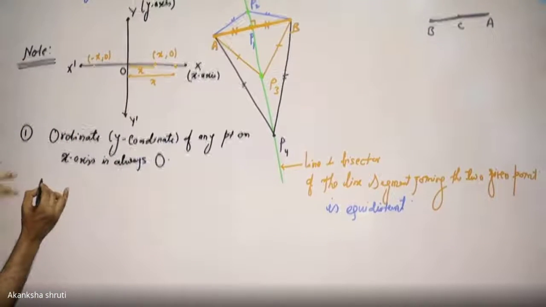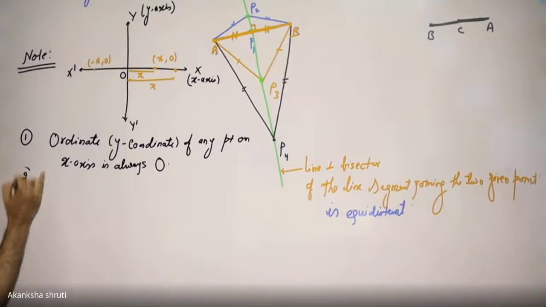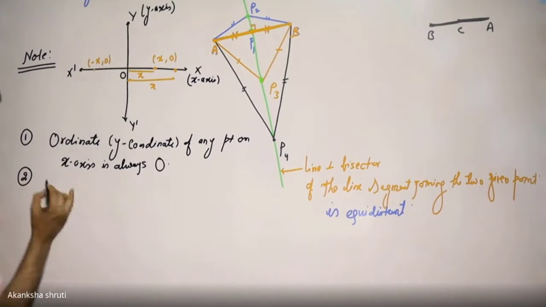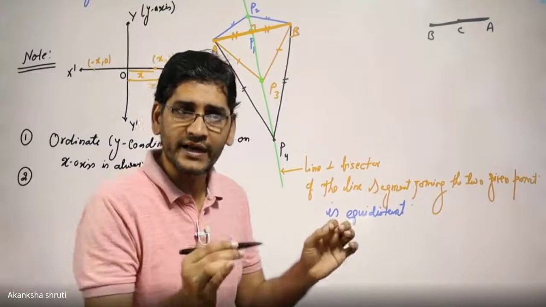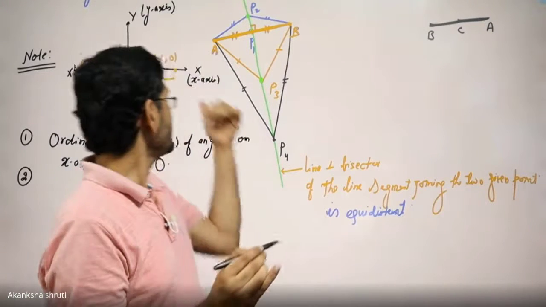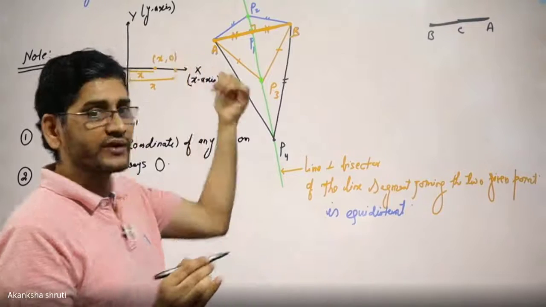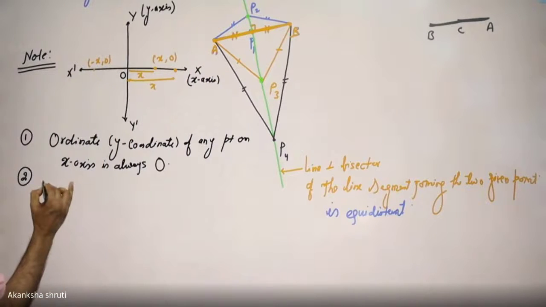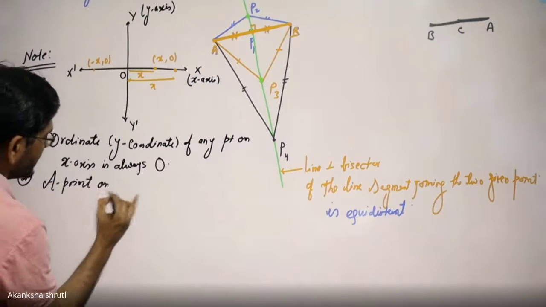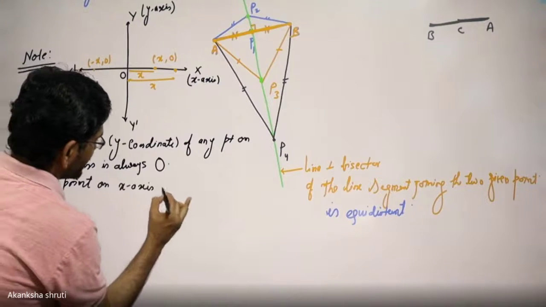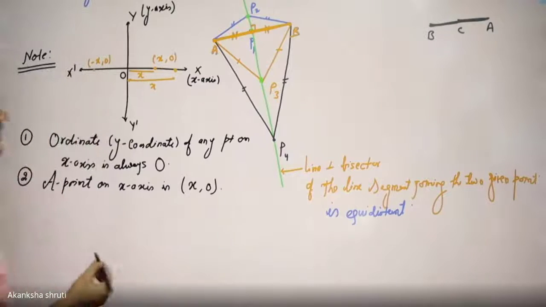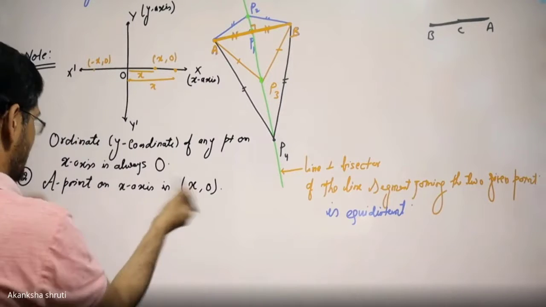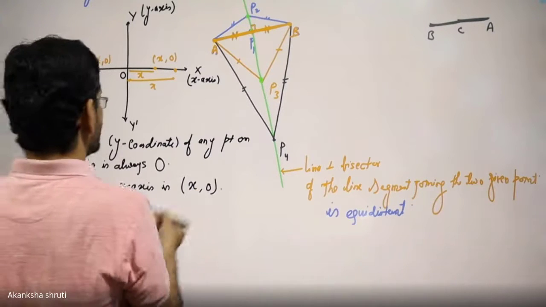Considering this, whenever we choose any point on the x-axis, always take its y coordinate as 0. So a point on the x-axis is (x, 0). Very, very important. We are going to use this again and again.